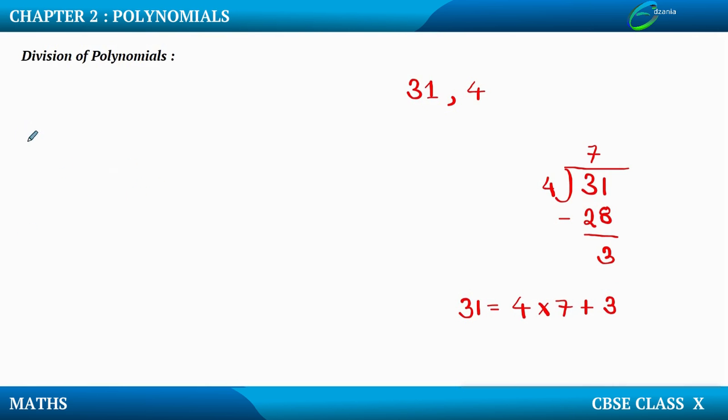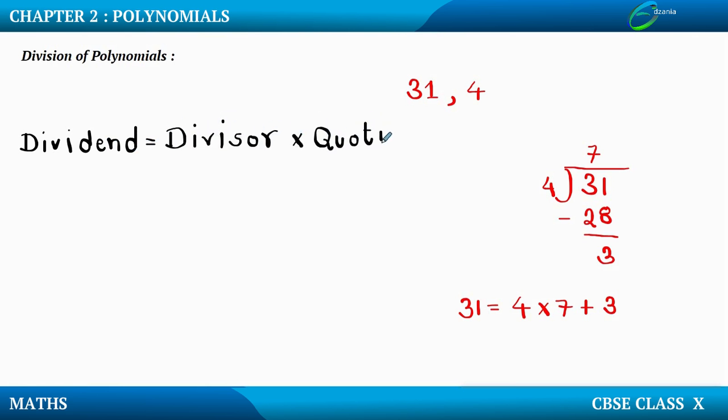We have already learned that dividend is equal to divisor into quotient plus remainder.